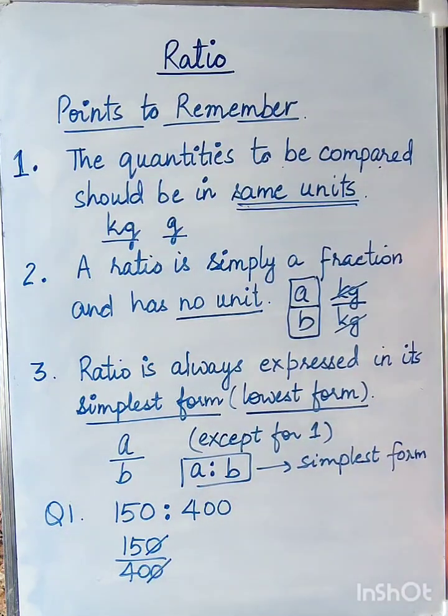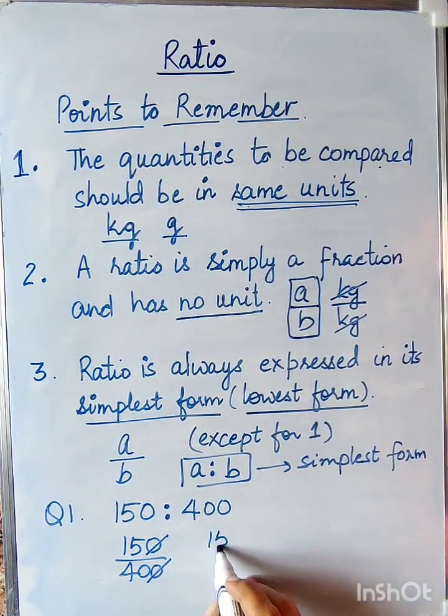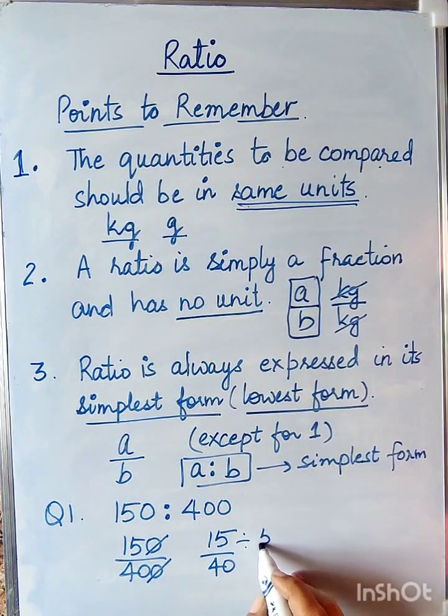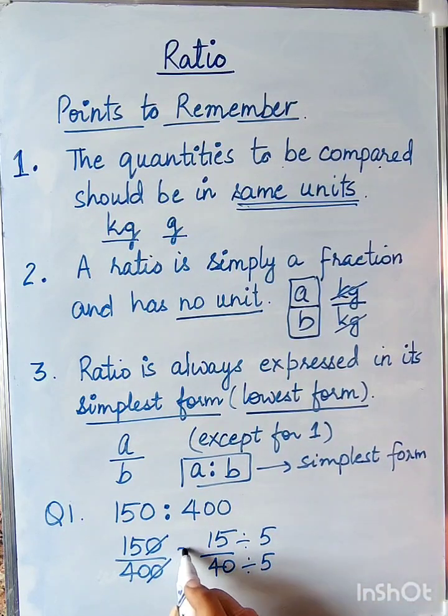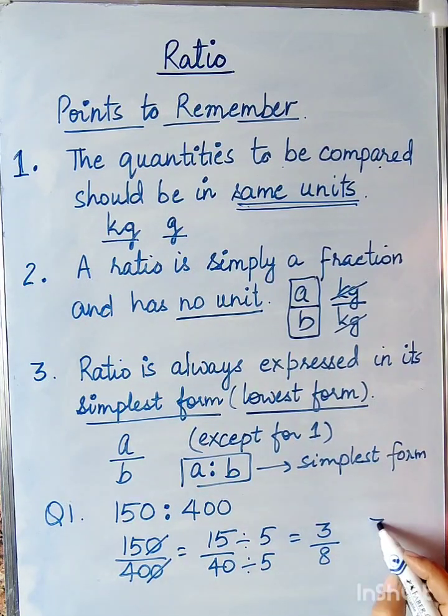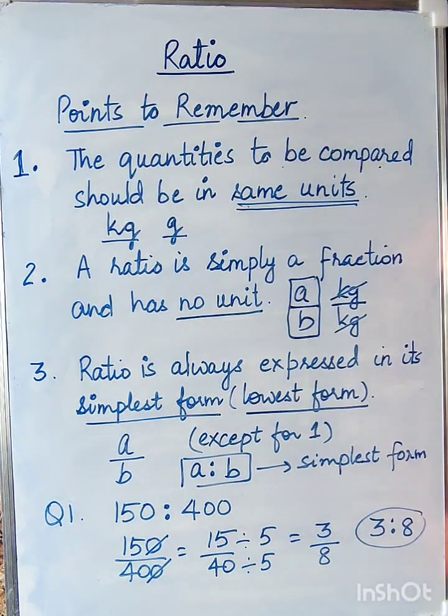The first time I have divided by 10, so it reduces to 15 by 40. Now 15 and 40 come in the table of 5. So 5 3 times gives you 15 and 5 8 times gives you 40. Now 3 and 8 will not be divided by any other number except for 1. Therefore 3:8 is the lowest form.